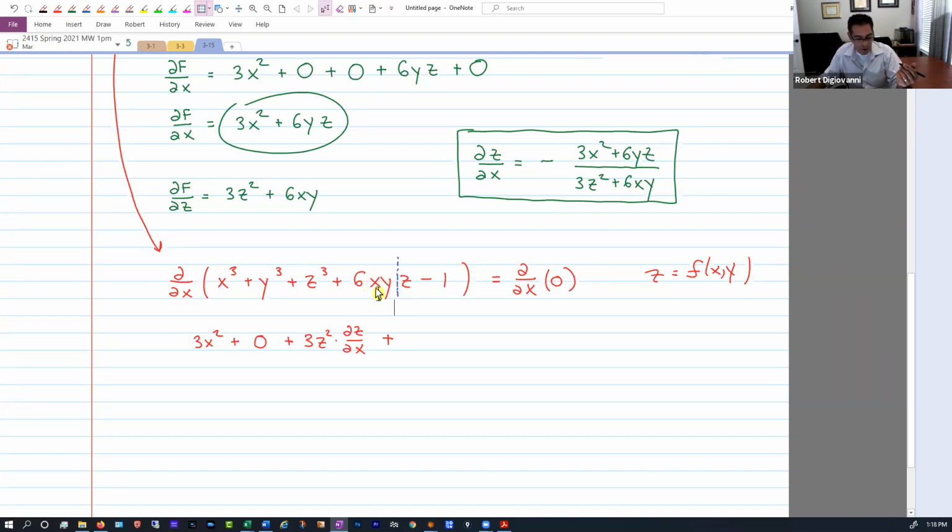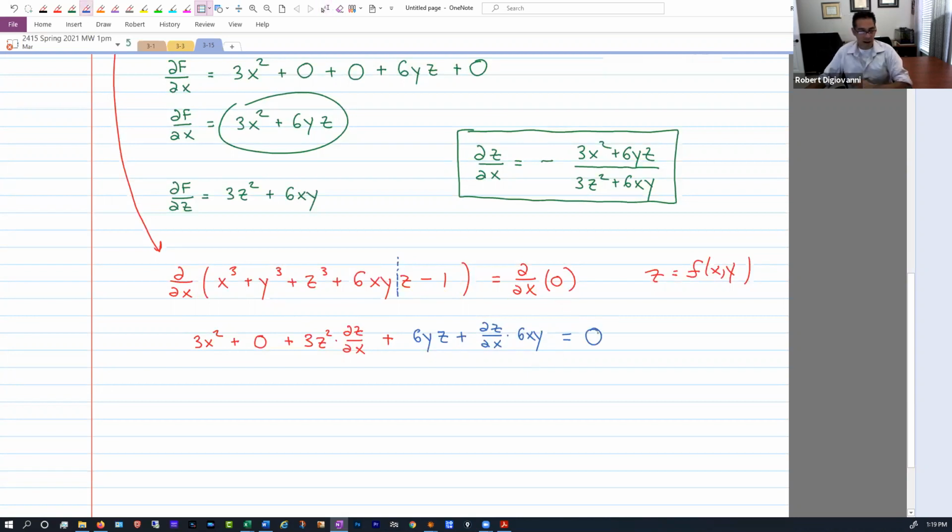Derivative of this with respect to x would be 6y, and then times the second one, plus the derivative of z with respect to x, which would be partial of z with respect to x, times the first part, 6xy. Do y'all understand that I'm doing product rule on this instead of what we did before? And then I can do partial with respect to x of -1, which is 0. And then we have the other side, partial of a constant is always 0.